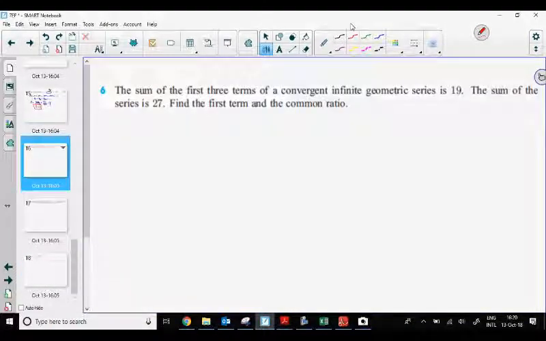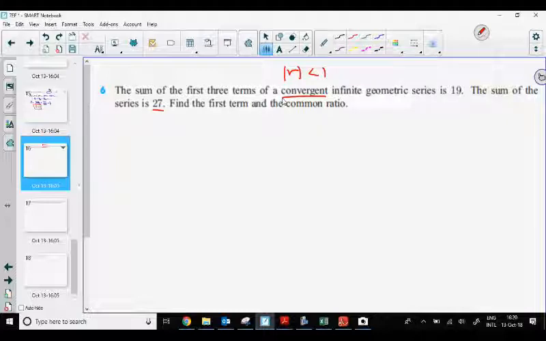All right, so this one. First of all, this word convergent, I don't think I mentioned earlier, that just means that the infinite geometric series will actually have an overall sum, which we're told that it does here, but that indicates to me that the absolute value of r is less than 1.